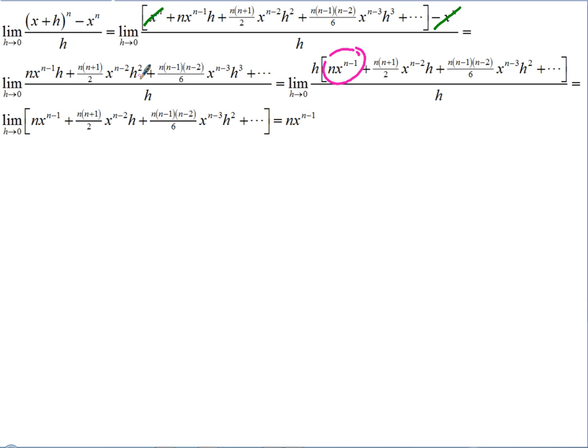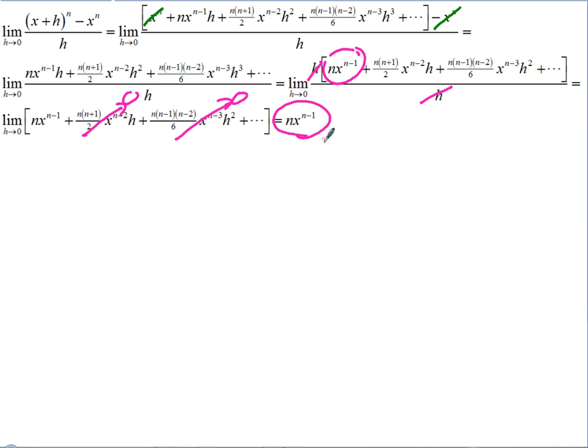And so then when we cancel these h's vertically, and we take the limit that h goes to 0, all of these other terms, because they have h's in them to various powers, are going to go away. And so only that first term lives on, and that's our answer.